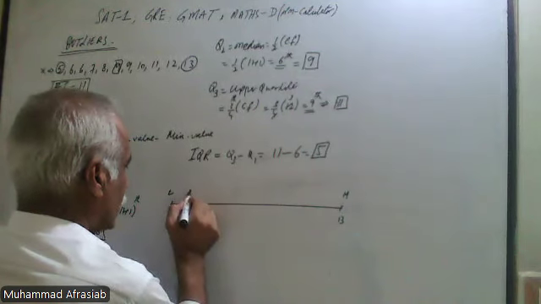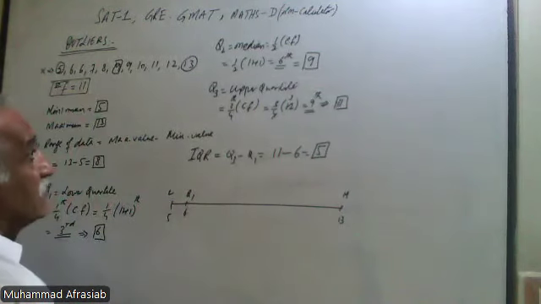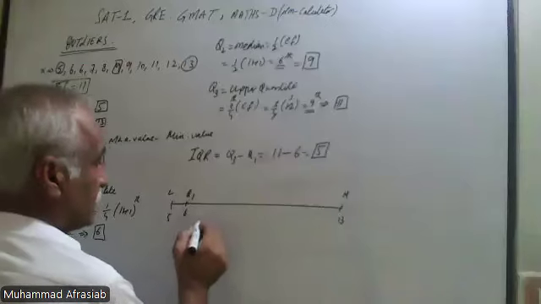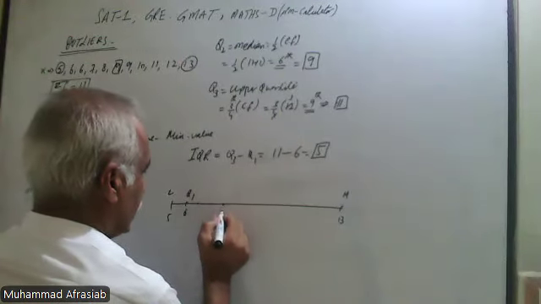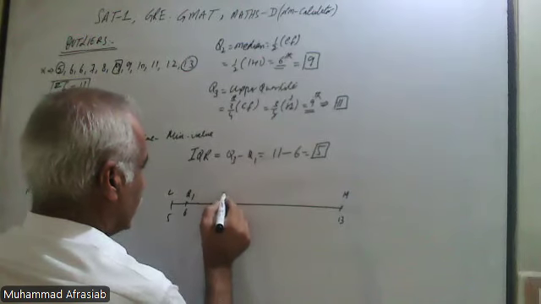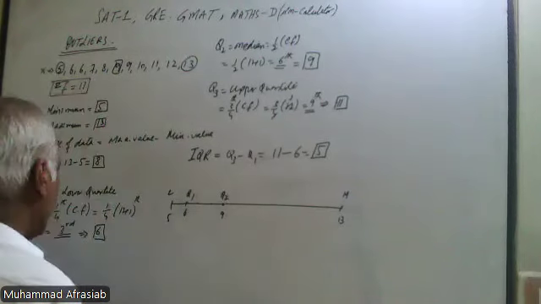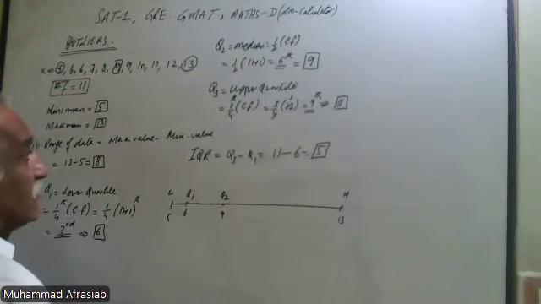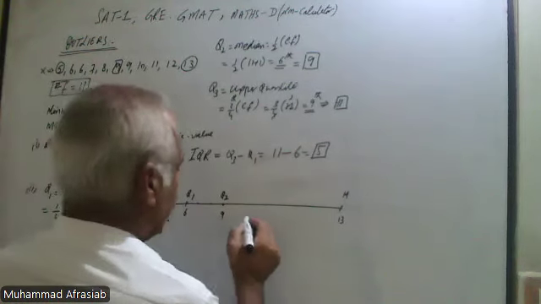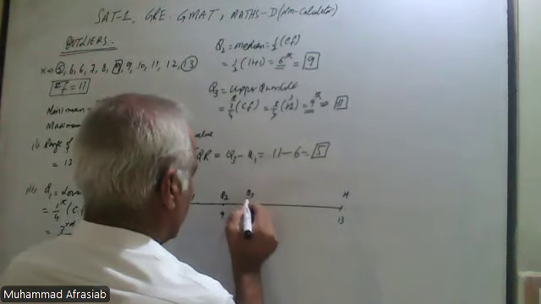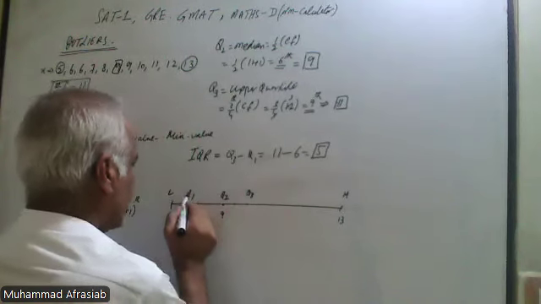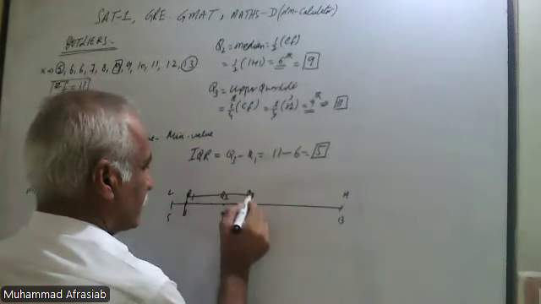The median is at 9, and the upper quartile is at 11. If we make the box and whisker plot, this is the graph of it.